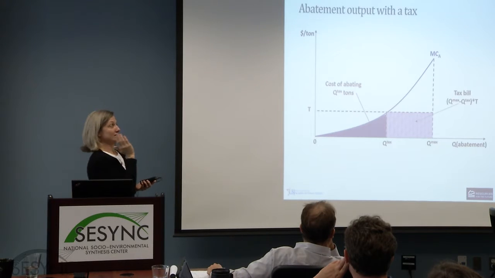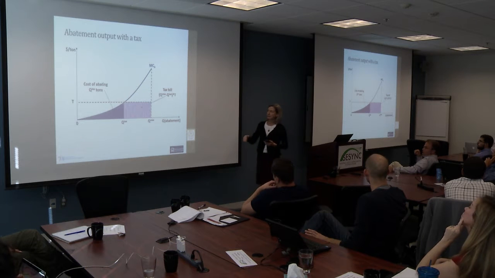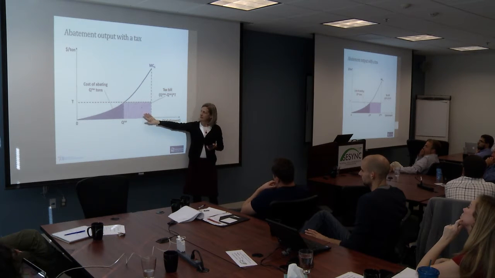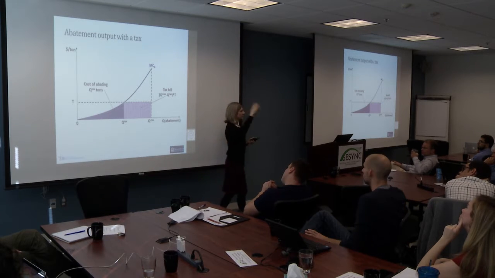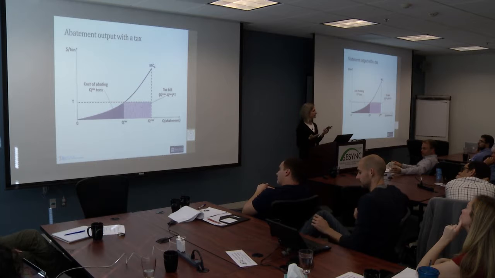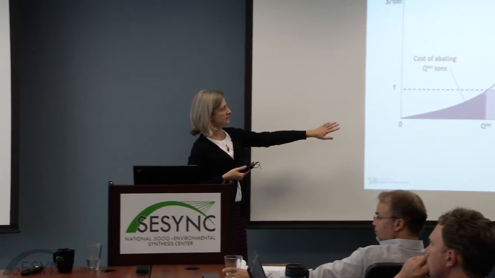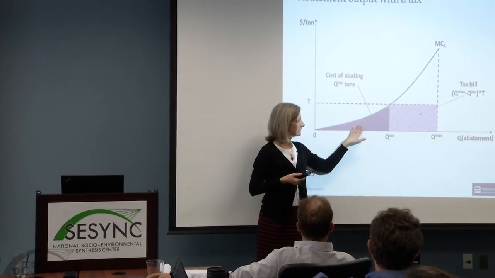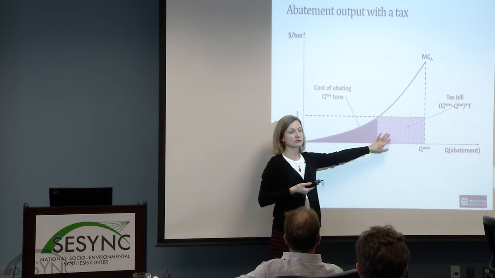Now you could say, but there's this extra cost. The firm has to pay the tax, which is also true, and the firm does not like to pay the tax. But when they pay that tax, that money is not just going away, it's going to the government. And the government could presumably do things with that, and that's the difference between taxes and permits, and we can talk about that later in the Q&A. But we're not going to call this a cost to the economy. This is a cost to the economy, a social cost of abatement. This is a transfer.